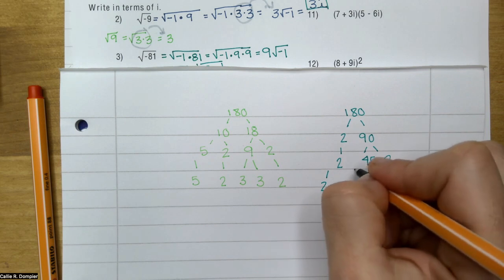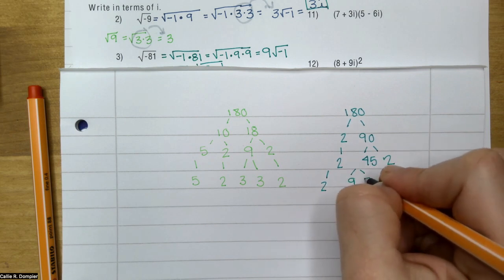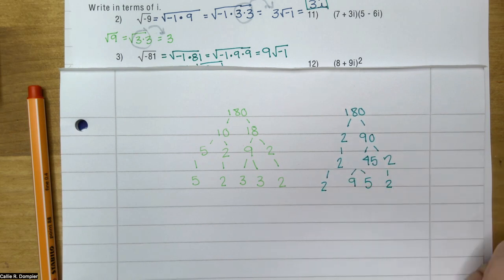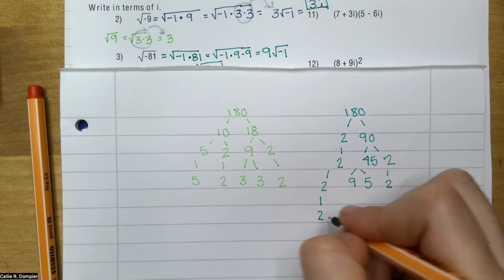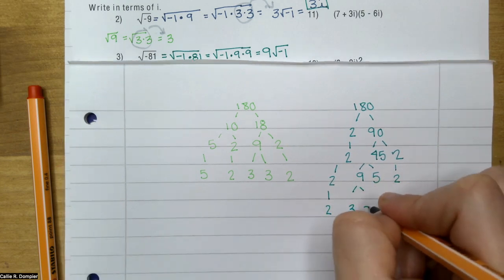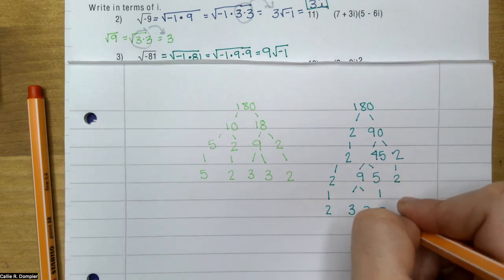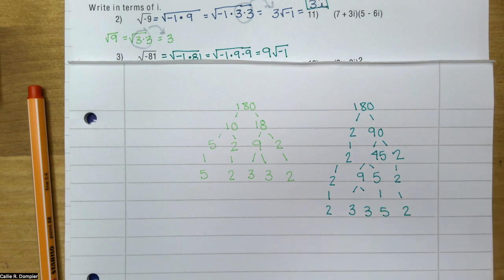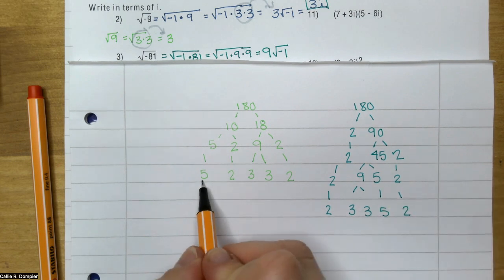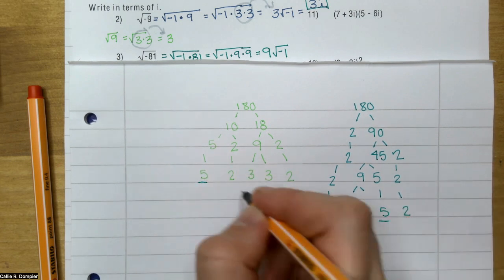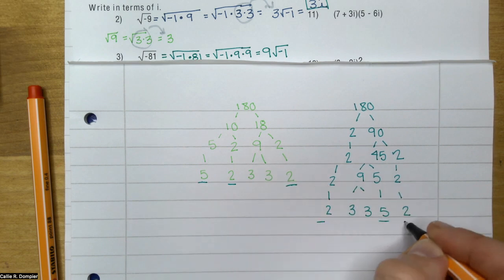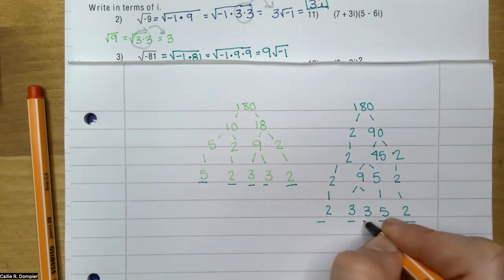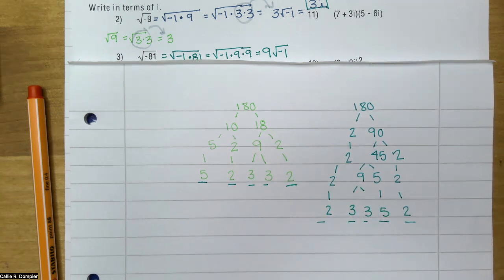That 2 stays the same. 45 is 9 and 5. 2 remains 2. 9 becomes 3 times 3. Good. So either way, we end up with 5, 2, 2, and 3. It does not matter how you start your factor tree.